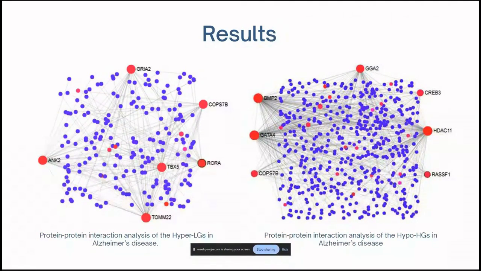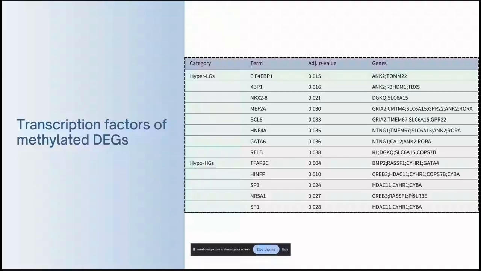Now let's talk about transcription factors linked to DNA methylated differentially expressed genes. Transcription factors are regulatory proteins that control gene expression by binding to specific DNA sequences. In this study, transcription factor analysis, or TF analysis, was performed to identify upstream regulators of the methylation-driven differentially expressed genes.